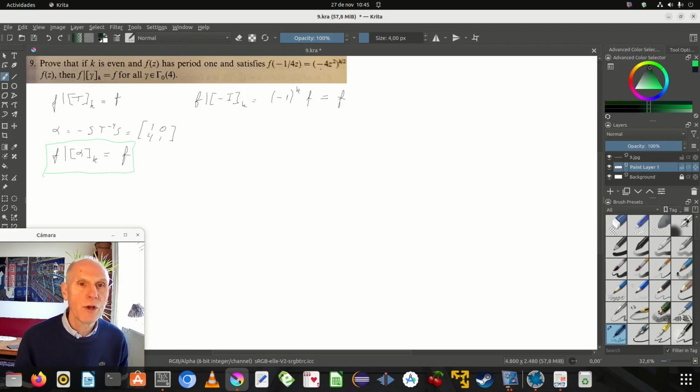And what we know is the relation given in the problem, which we must formulate by some matrix, and the obvious matrix is, and I have defined alpha here, so let's call it beta, minus 1, 4. It has determinant 4.